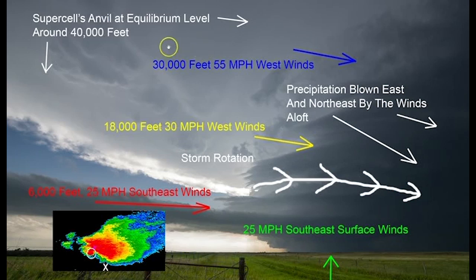And now you can look at these heights in here. Remember those millibars. 6,000 feet is roughly low-level jet height, or 850 millibar. 18,000 feet was the 500 millibar. That's kind of your mid-level steering winds. 30,000 feet, 300 millibar was up higher, closer to the anvil.